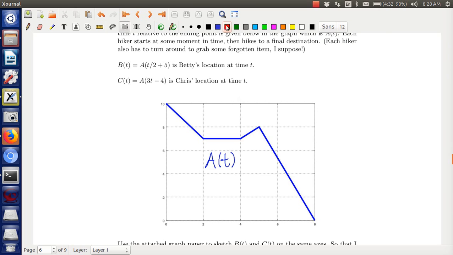Okay, just erase that to make some space. All right, so I want to make up a list of points that I can use so that I can do my translations.